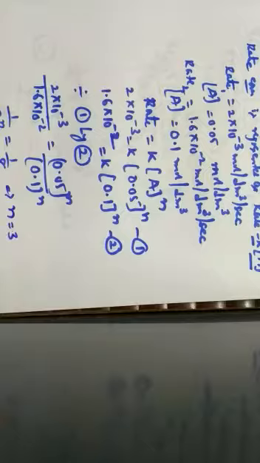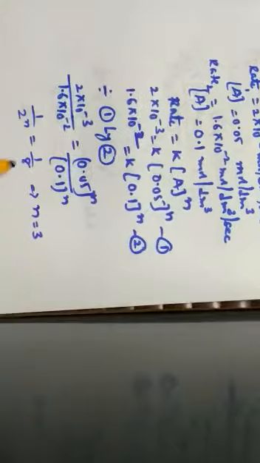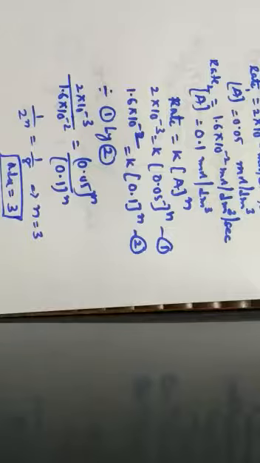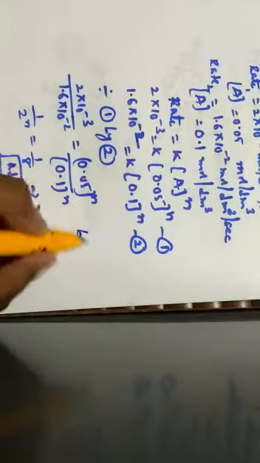It implies the value of N is 3. Hence, the order of the reaction is 3, which is given by the option B.